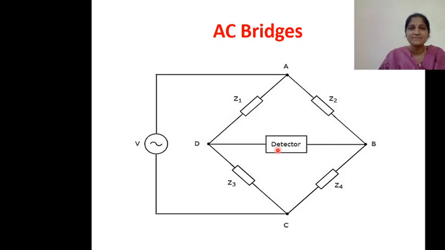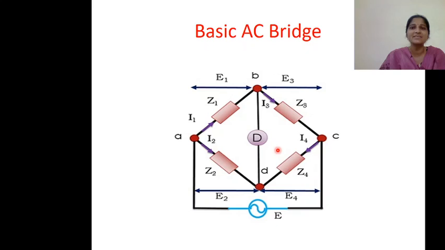Now coming to the basic AC bridge equation. What is this basic AC bridge equation? Here this bridge consists of 4 arms as I told you, Z1, Z2, Z3, Z4, and in between 2 nodes there will be a detector and across the other 2 nodes there will be the supply.